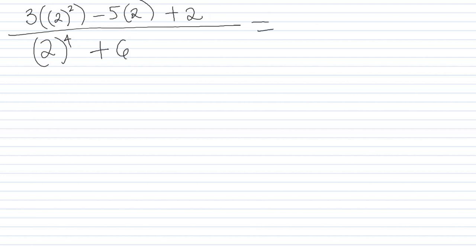So you have 2 squared is 4. 4 times 3 is 12. 12 minus 2 times 5, so 12 minus 10 plus 2, divided by 2 raised to the power of 4 is 16.